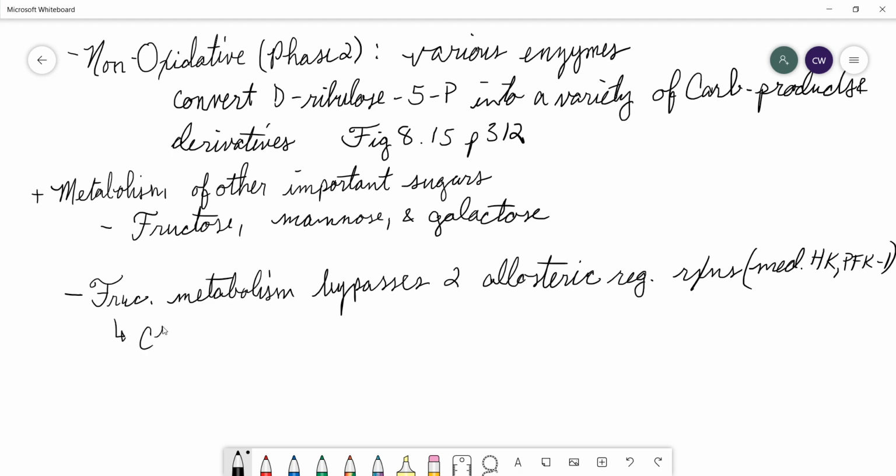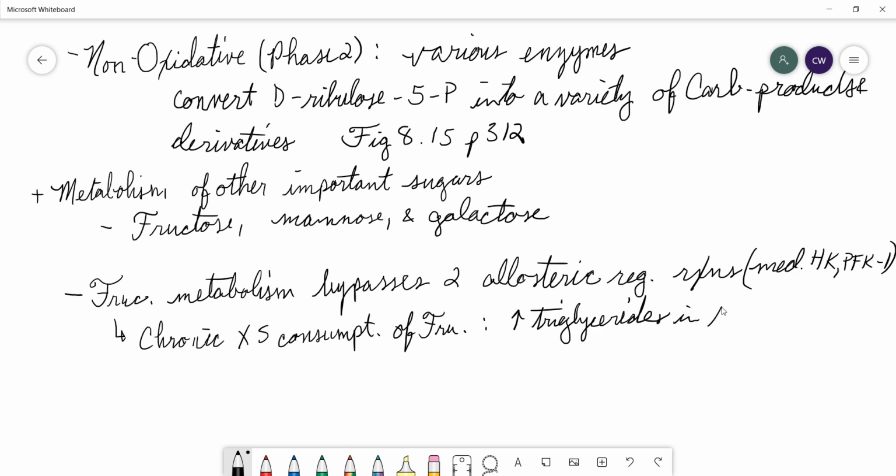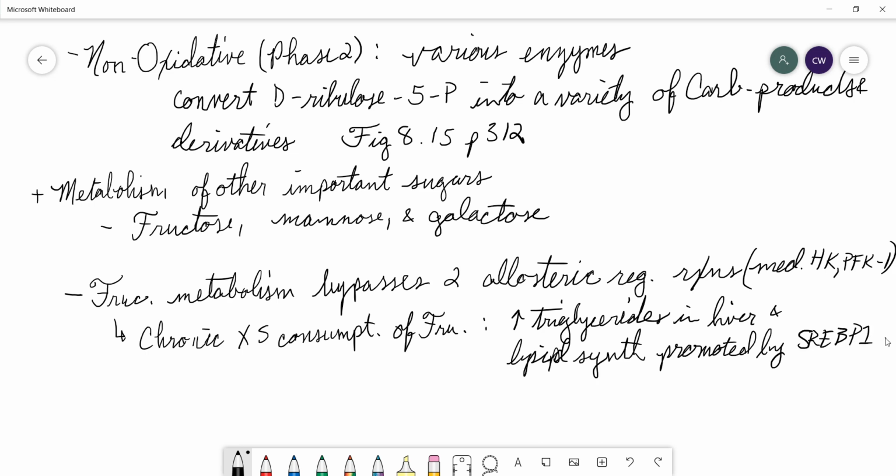So in humans, chronic excess consumption of fructose results in greater than normal triglyceride levels in the liver, and lipid synthesis promoted by two enzymes, SREBP1C and ChREBP.